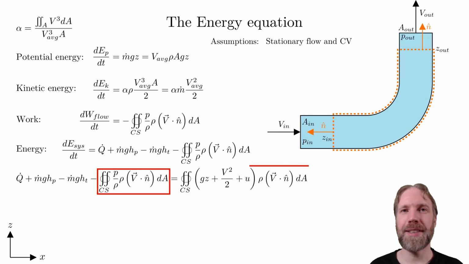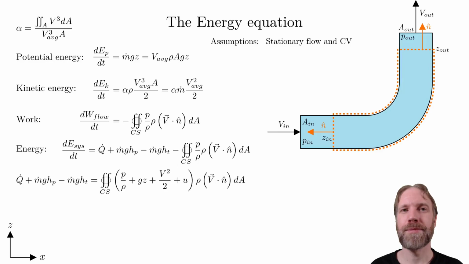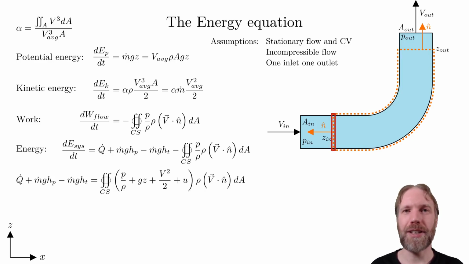These two expressions are in the same form, and we can merge them into a single integral. We will now add the assumption of incompressible flow. We will also assume that we only have one inlet and one outlet, as shown in the figure.